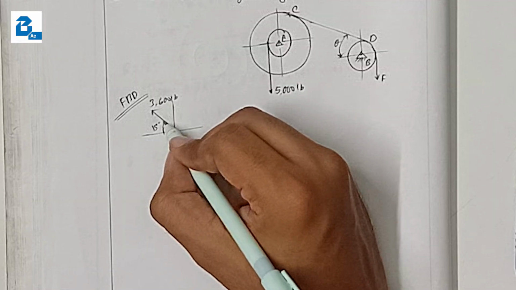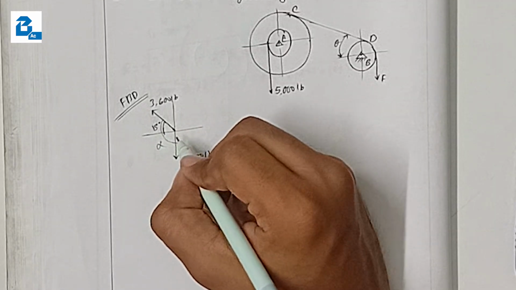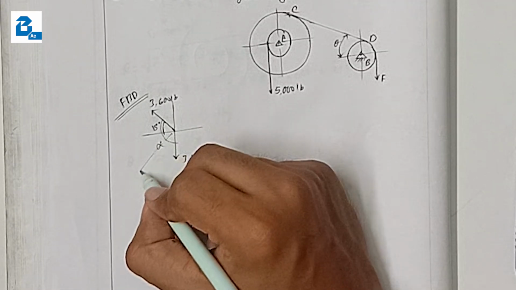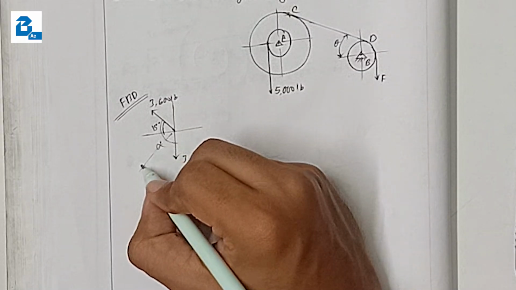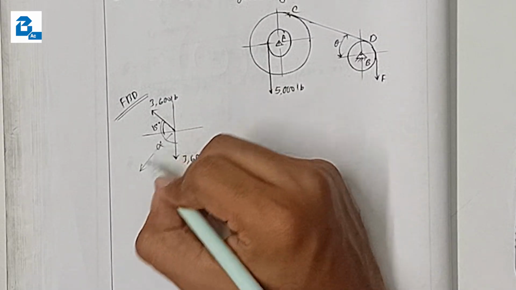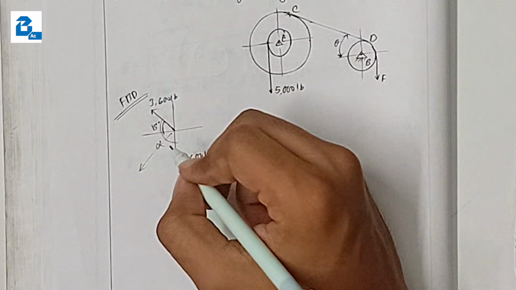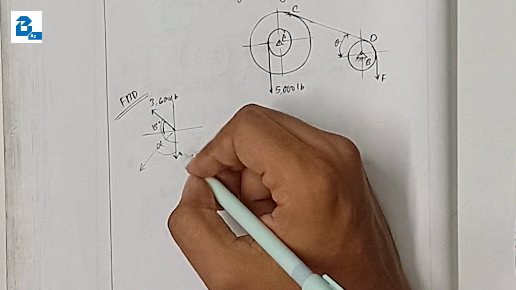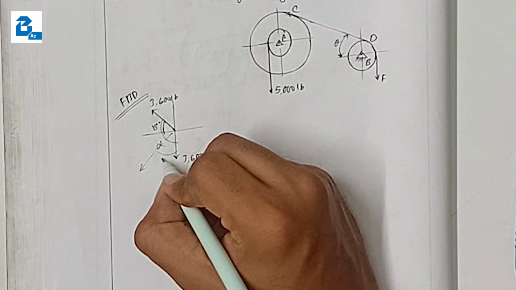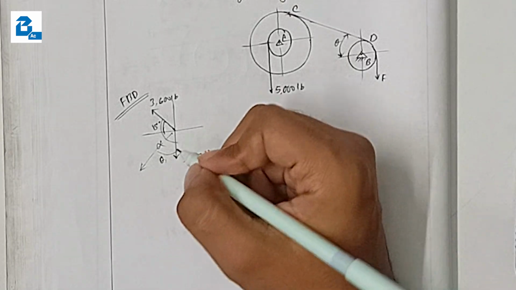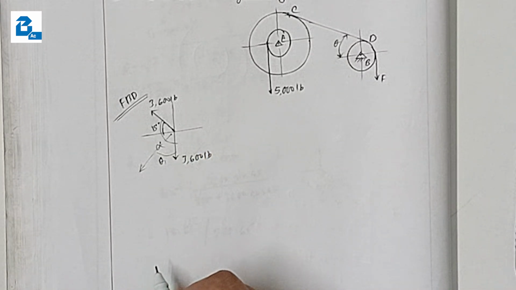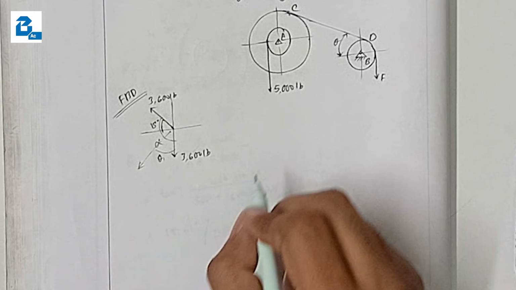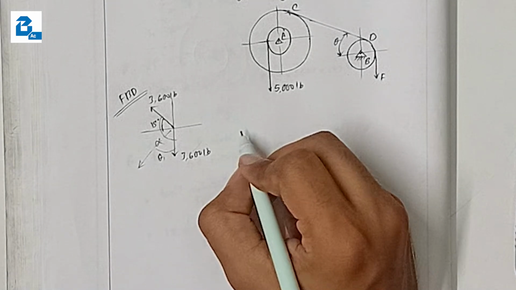So we can assume the whole angle as alpha, and let's think the resultant would be in this direction, and the angle it would make with the vertical axis would be theta 1. For that, let's find out the magnitude of the resultant.